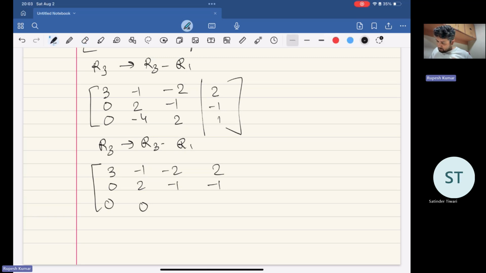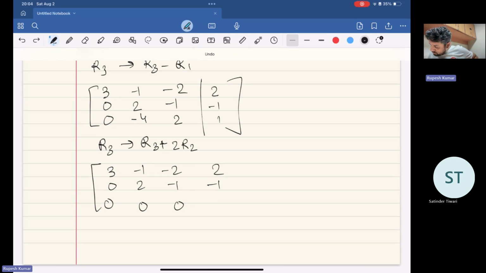R3 minus 4 R1, right? Okay, you can always take R2. So R3 plus 2 R2, you get 0, 0, and then 1 minus 2 is minus 1 here, right?